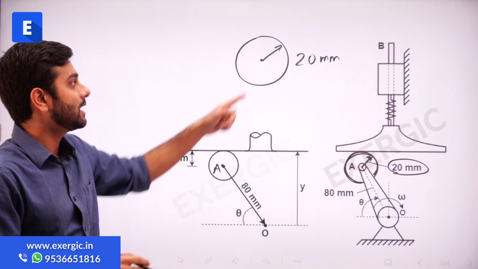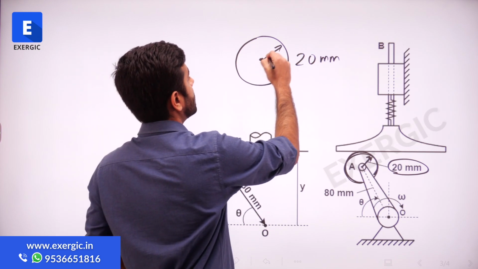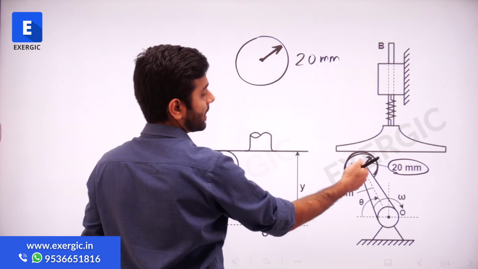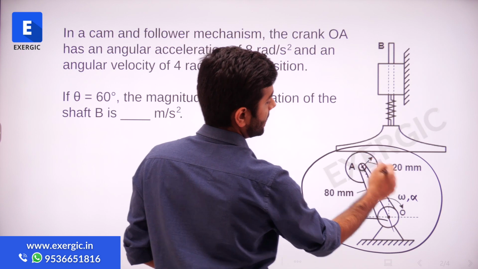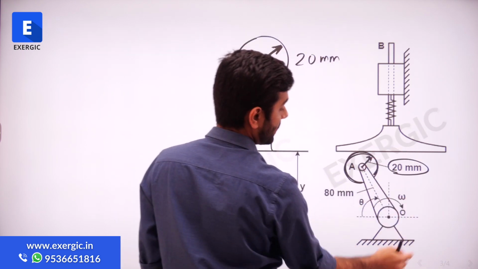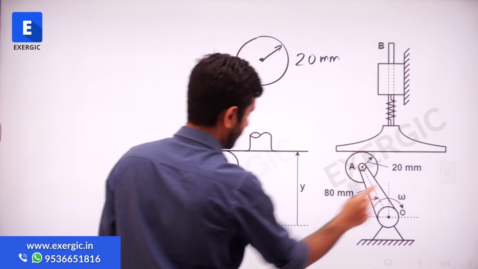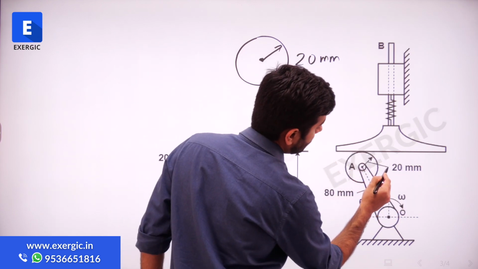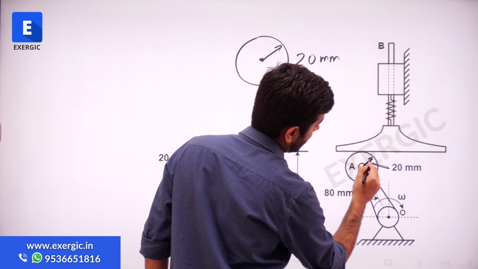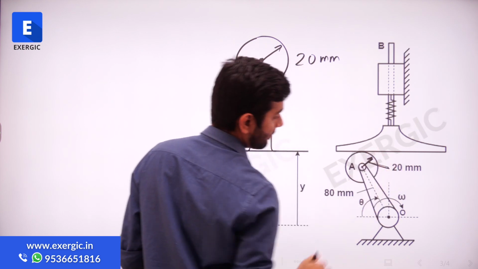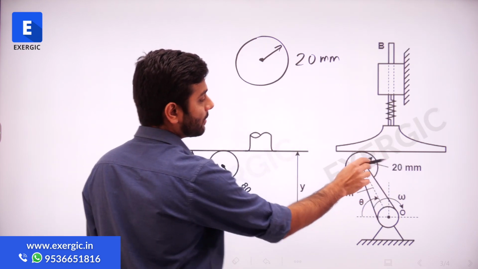So in such cases, when you have been shown a clear arrow like this, like here you can see, right? A clear arrow is shown, and specifically it is pointing that this is the arrow, its length is 20 mm. So clearly 20 mm is radius here.